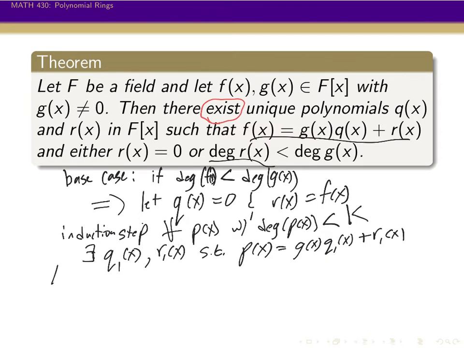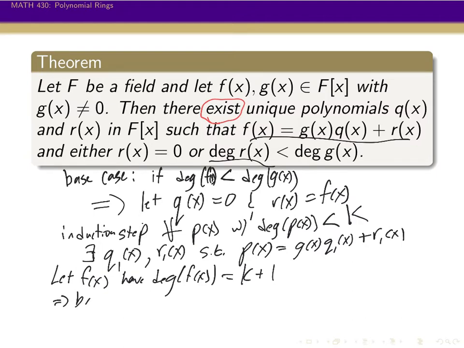And now let's let f of x have degree equal to k plus 1. Well then, using our lemma, let a sub k plus 1 be the leading coefficient of f of x.